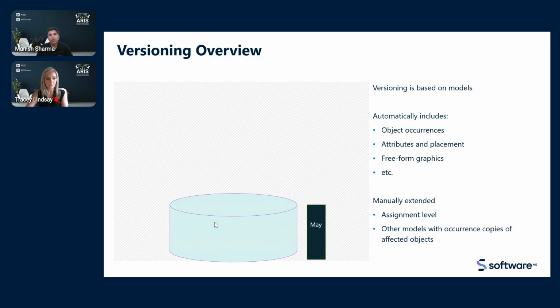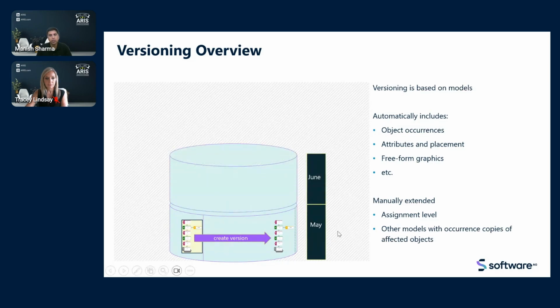So as part of versioning, if I look at it from a graphical perspective, in May the model looked like this, and then over time you created a version of it, and it created a snapshot of it. So this is open for editing and this is read only, and you can view it but you cannot edit it anymore. And then come June, you made some more changes to it.